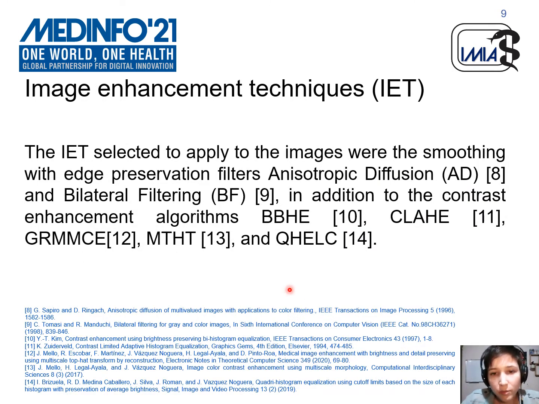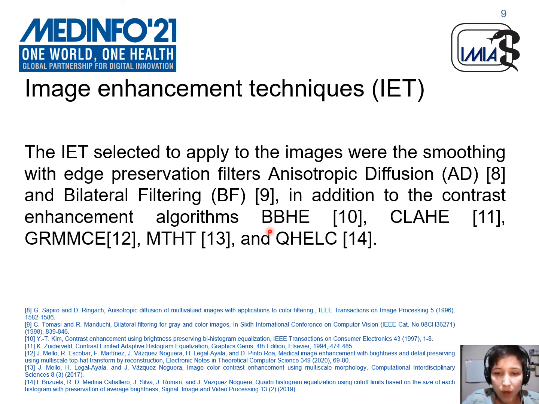The image enhancement techniques applied to the panoramic images as a pre-processing technique were 2 smoothing with edge preservation filters, the anisotropic diffusion and the bilateral filtering, and 5 contrast enhancement algorithms.